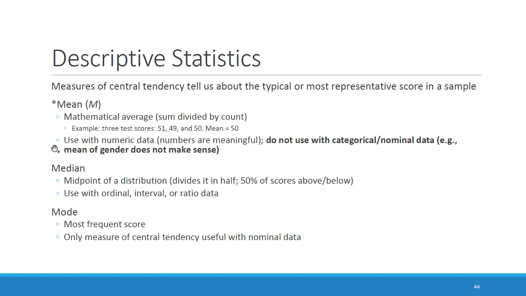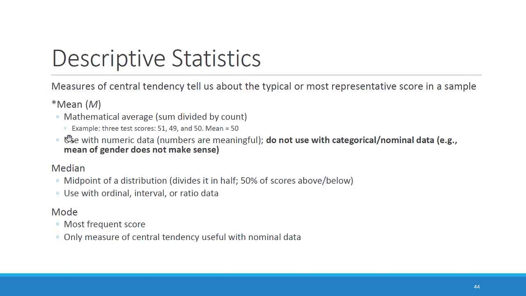Again, we use the mean with numeric data when our numbers are meaningful. We do not use the mean with categorical or nominal data. Take the example of gender. If we had 1 as male and 2 as female, and we added those together, we come up with 3, we divide by 2, and get 1.5. We can clearly see that having the mean in that case doesn't give us any information.